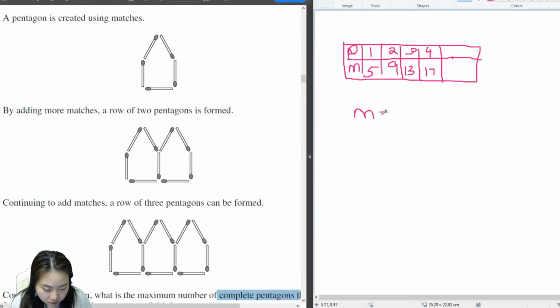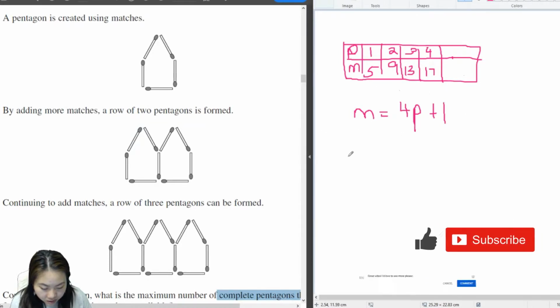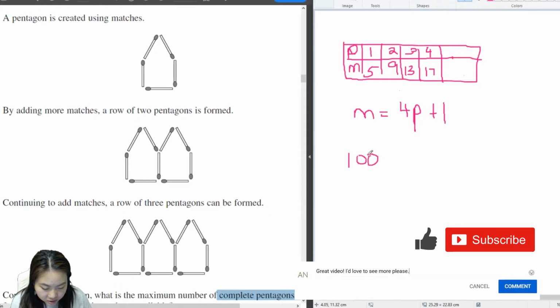M is going to equal 4 times P plus 1. So whatever P is, if you times it by 4 and plus 1 to it, you're going to get the equivalent of M.